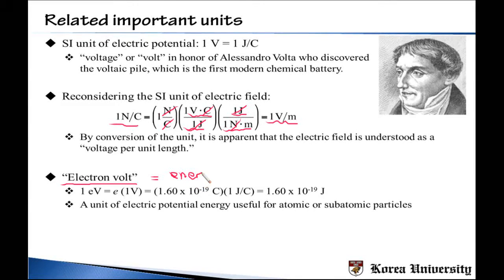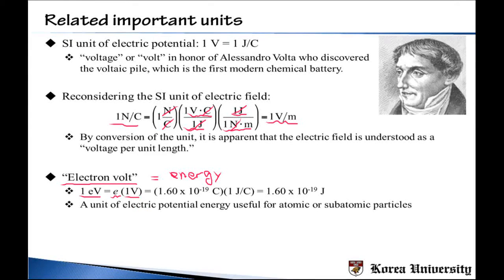I am writing using my mouse, so it looks like very bad handwriting, but please excuse me. For the electron volt, we write small e and large V, which comes from electron volt, and it is equal to e, the elementary charge, multiplied by 1 volt.